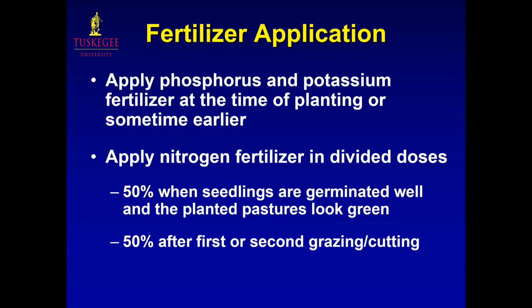For nitrogen fertilizer, as this fertilizer is unstable as compared to phosphorus and potassium, it is recommended that we apply the nitrogen fertilizer in divided doses. We also need to understand that plants will utilize the nitrogen fertilizer when they are able to do photosynthesis.